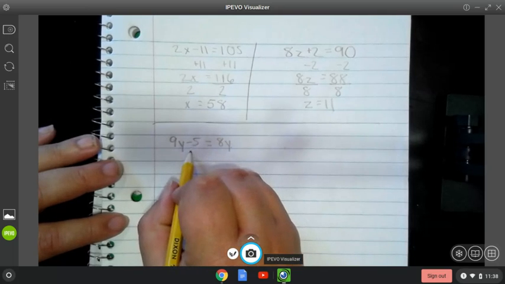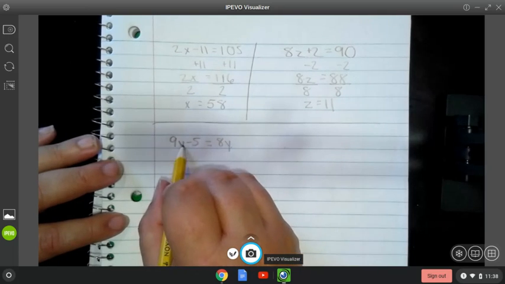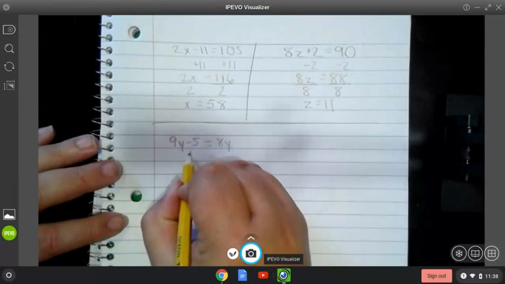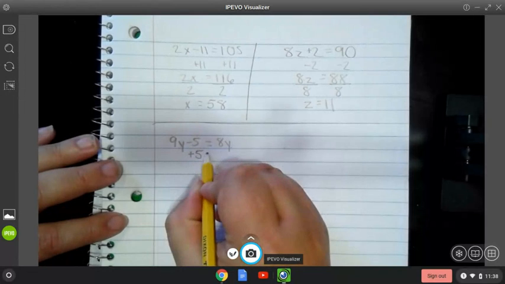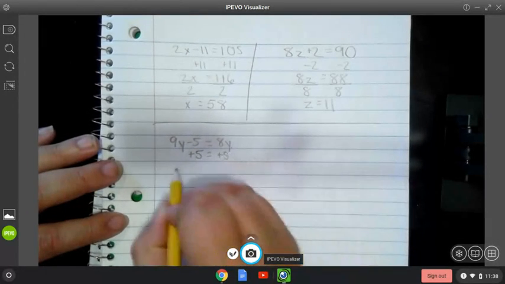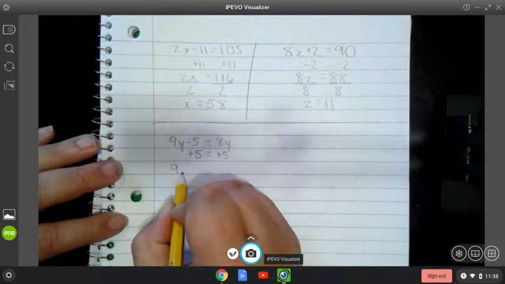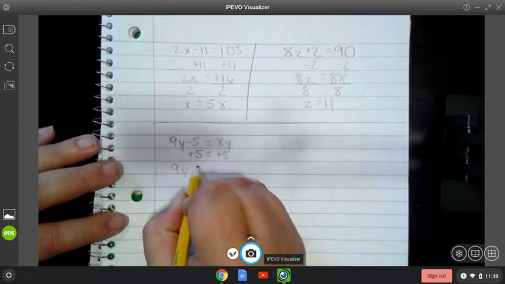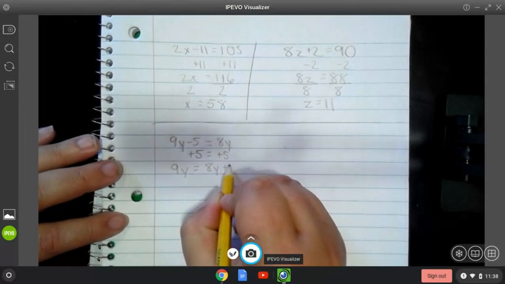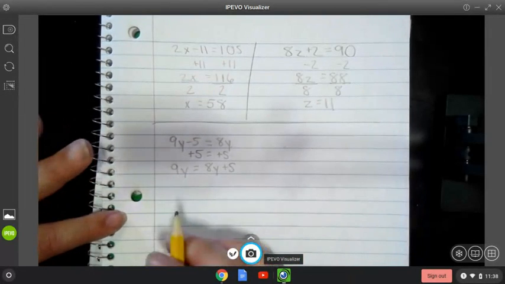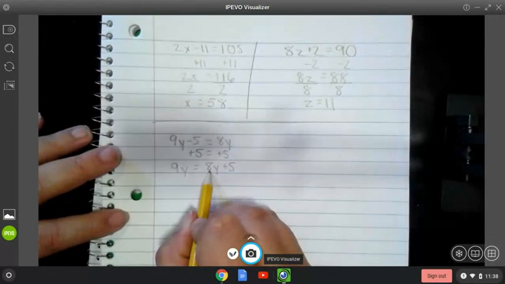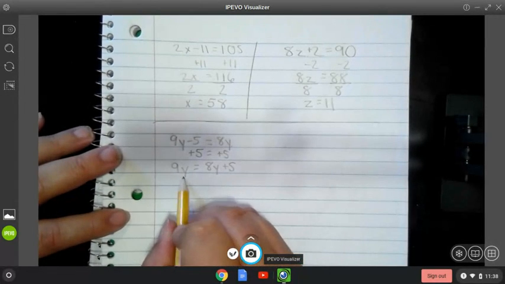So let's get our variables to one side and our digits to the other. If we have minus 5, we're going to add 5 to both sides. So then we have 9y equals 8y plus 5. I know, it looks weird, but hang with me. We want to get these y's over to this side.